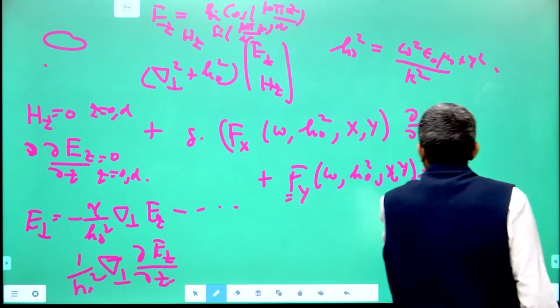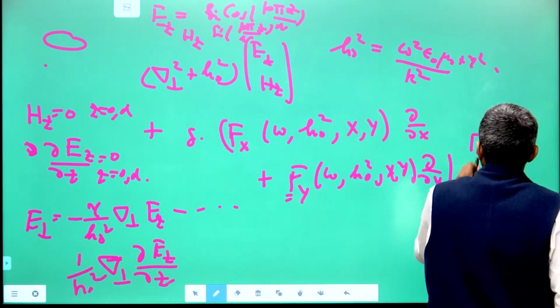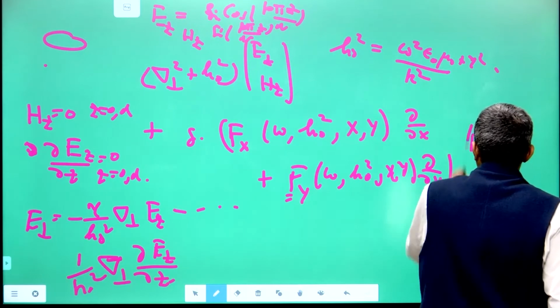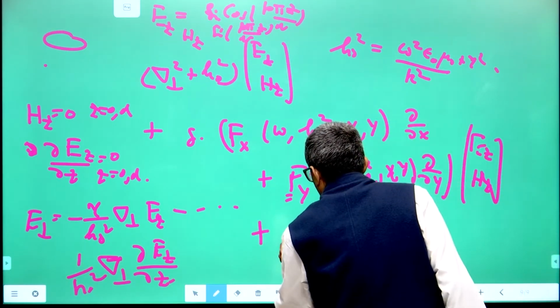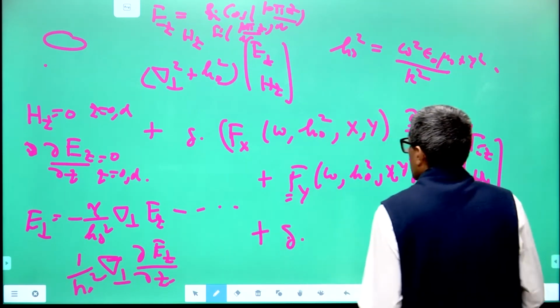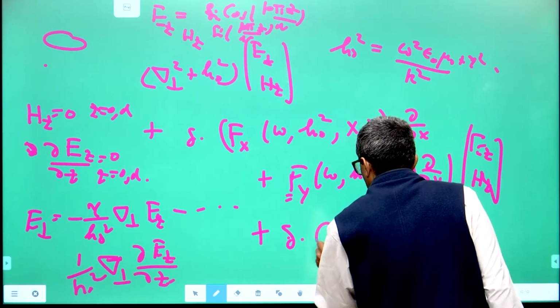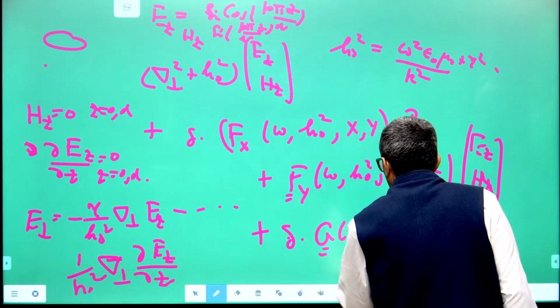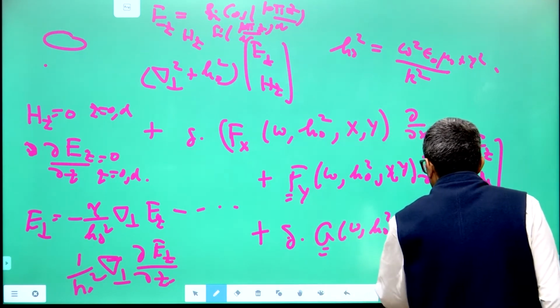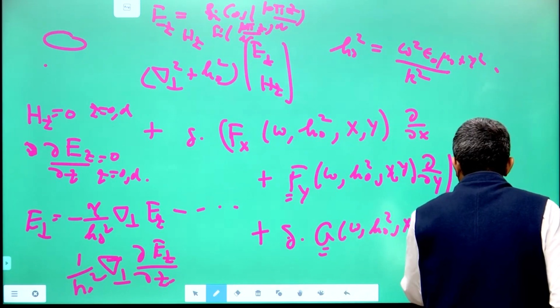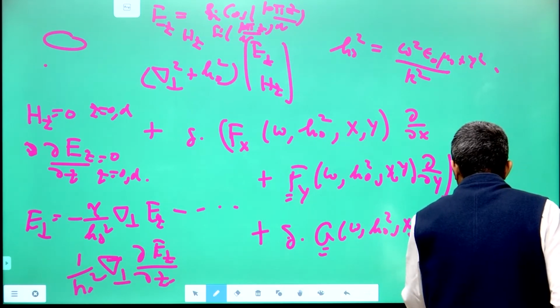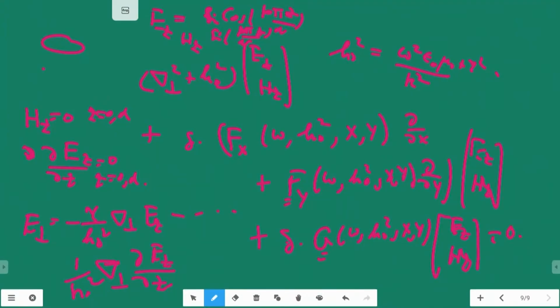So this whole thing acts on Ez and Hz, plus delta times g, as a function of omega, h naught square, x and y, and this acts on Ez, Hz to give 0 up to order delta square, where g is a 2 cross 2 matrix.